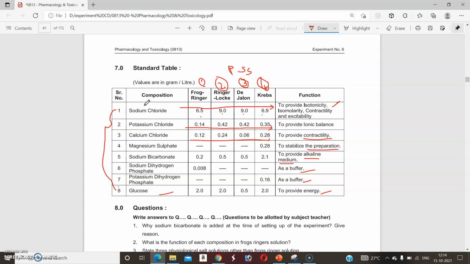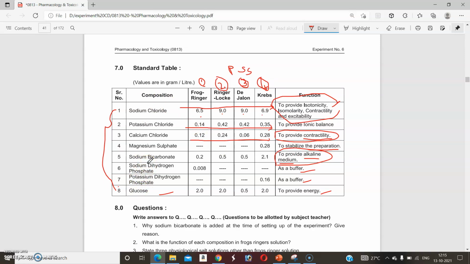And this type of question may be asked in your exam, like what is the use of sodium chloride? Answer is here. What is the use of calcium? Answer is here. What is the use of sodium bicarbonate? Answer is here. So this is the very important point.